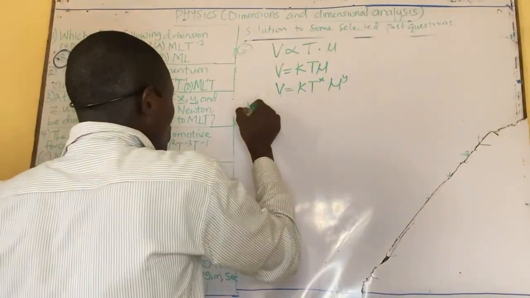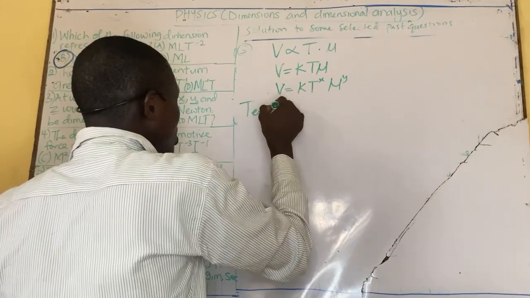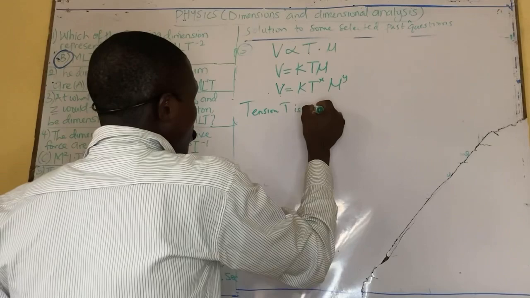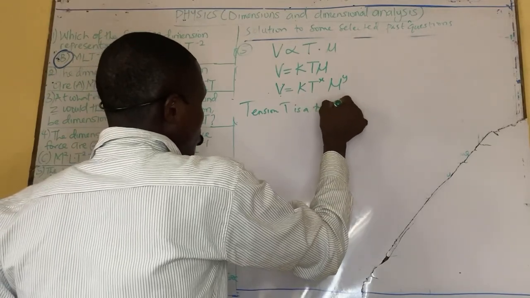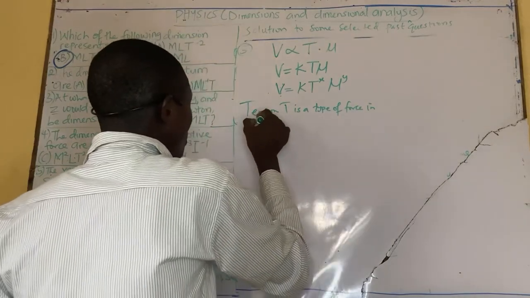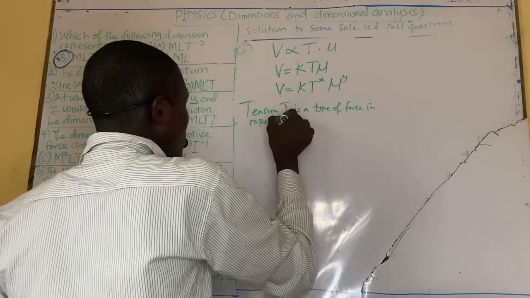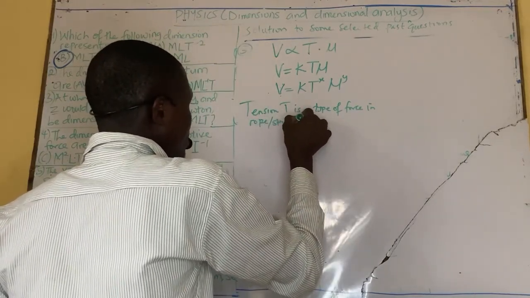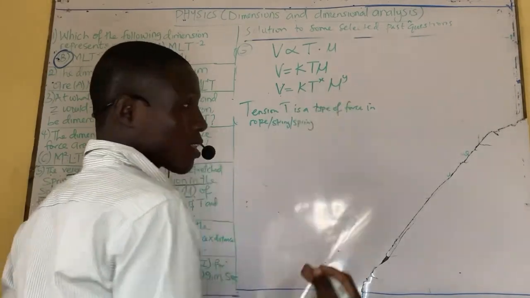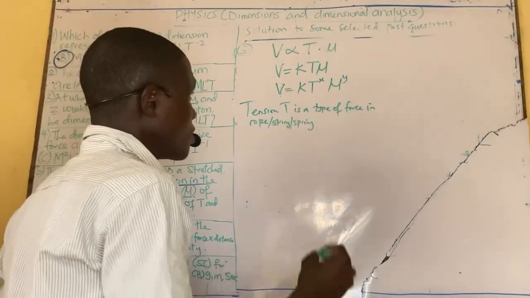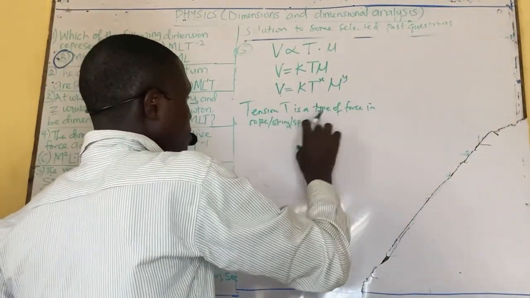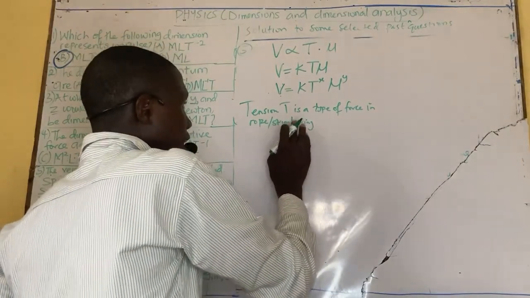Now, tension T is a type of force, not time. It's a force in rope, string, or spring.